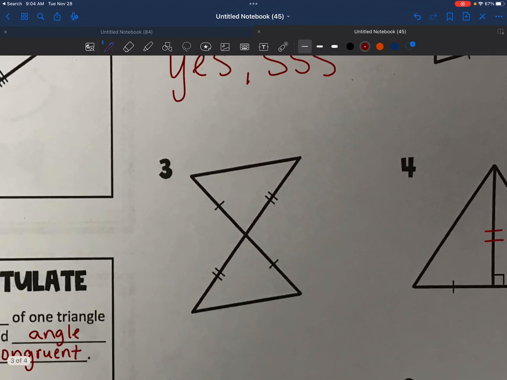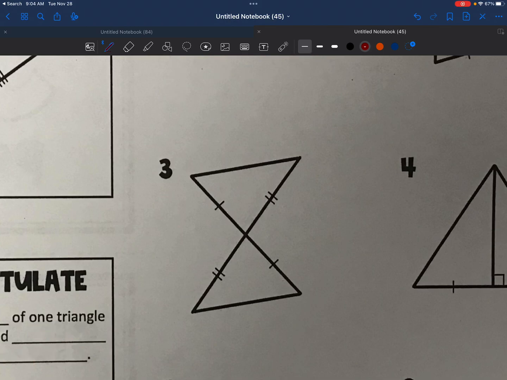Okay, let's look at number 3. Would this fall under side angle side? No. Why? It doesn't have an angle. Doesn't it? A vertical angle? What do we know about vertical angles?